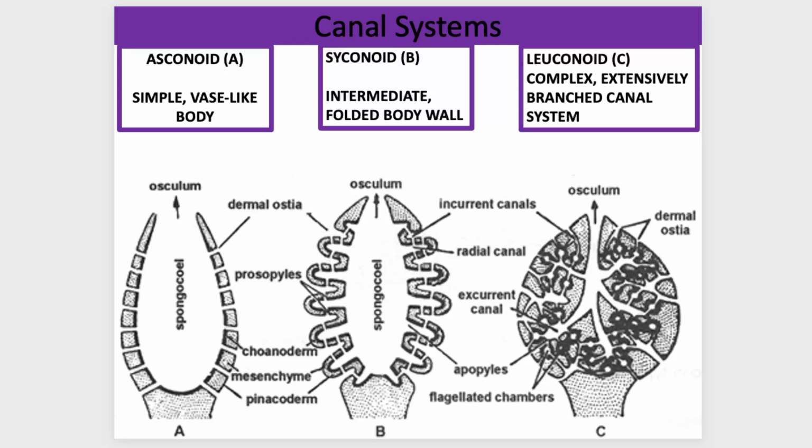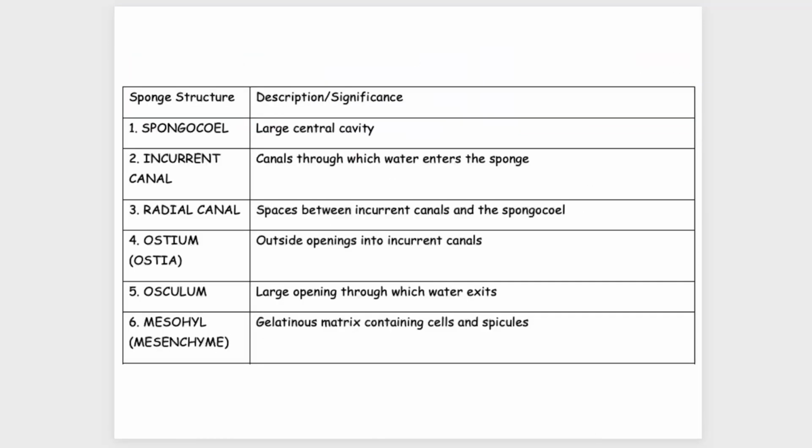So it's the most complex. And as you move from asconoid, syconoid to leuconoid, the cavity, which is the spongocoel, that's the opening in the middle, that cavity will get smaller and smaller until the leuconoid, it's the smallest. And the spongocoel of the asconoid will be the largest cavity.